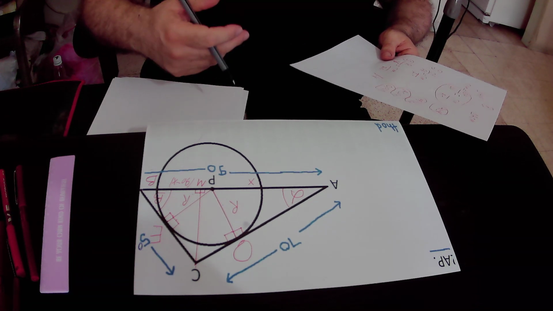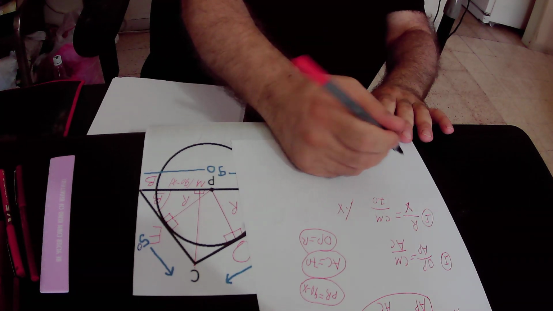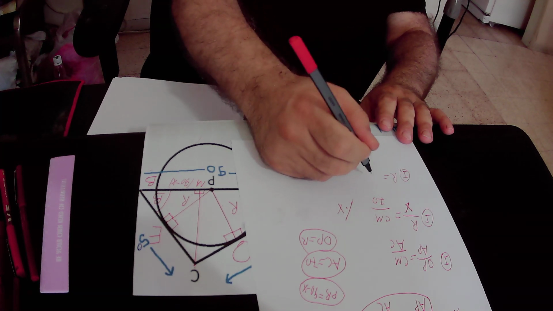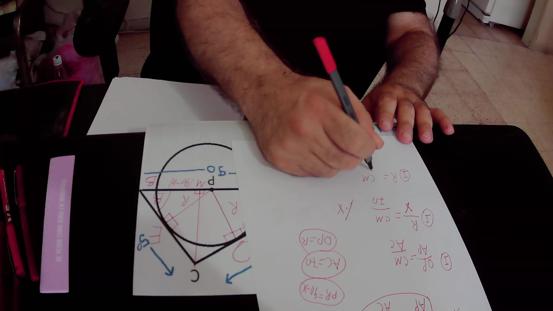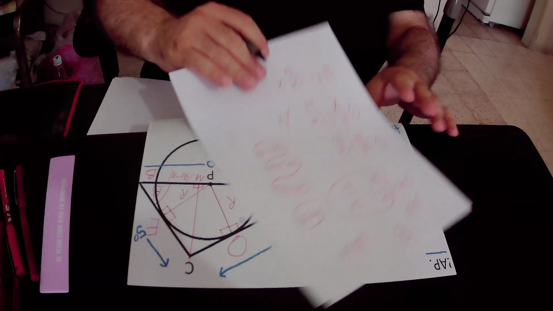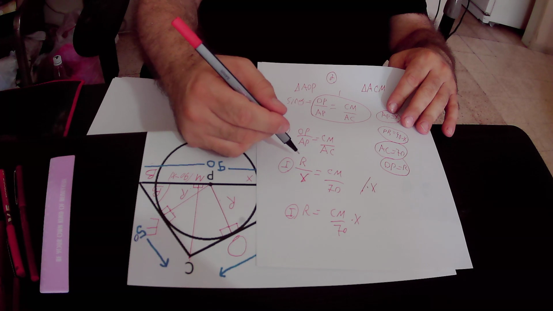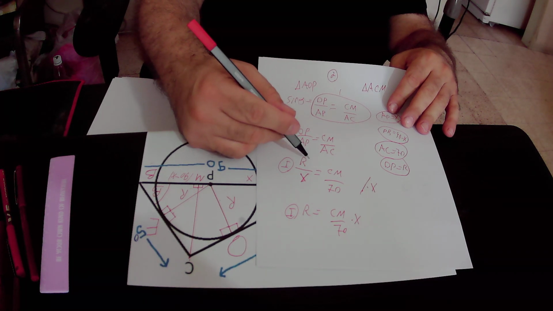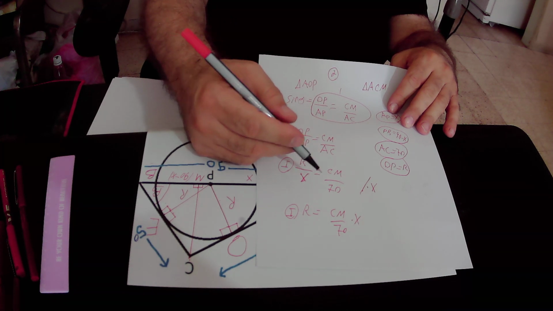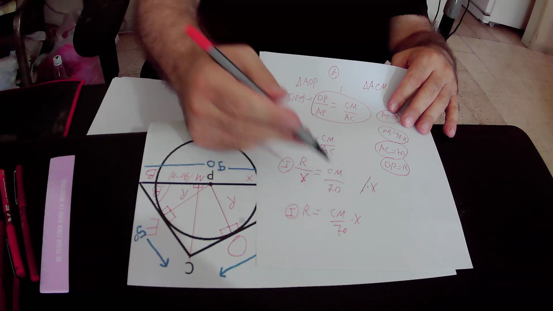So it is allowable to multiply both sides of the equation by X. We will get that R equals to CM over 70 times X. Okay, after we multiply both sides of the equation by X, we got that R divided by X times X equals to R, and CM over 70 times X equals to CM over 70 times X.